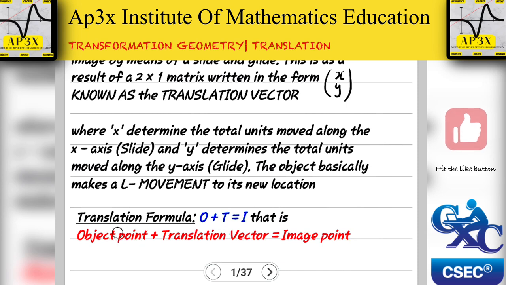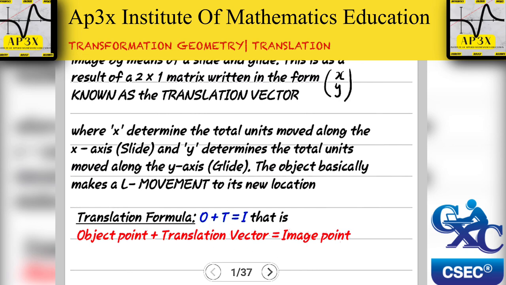That is the object point, or object points, given that the shape has more than one point. Then each of the points that makes up the object will be added to the translation vector. And so by adding corresponding coordinates, you're going to find the location of the image point.